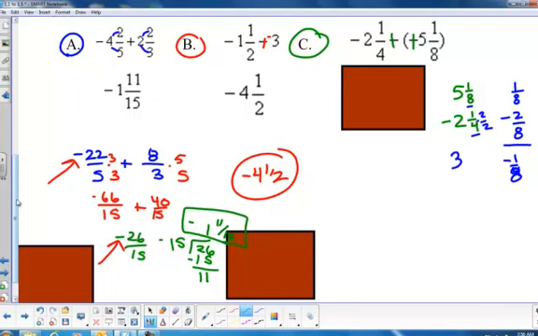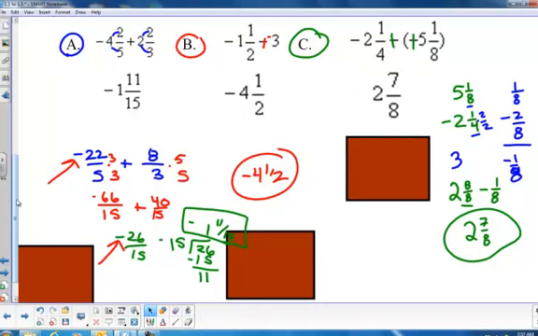So I could rewrite 3 as 2 and 8/8. That's the same thing. So 8/8 minus 1/8, because 8/8 is 1, is 2 and 7/8. Just a different way to go about it. If you like letter A's method, continue with that.